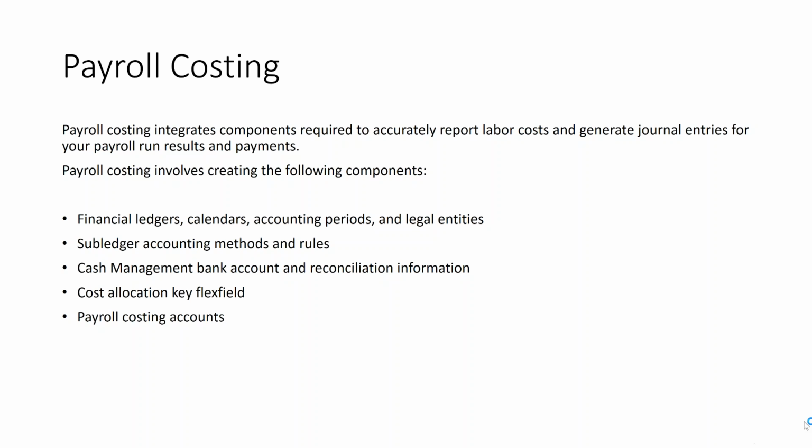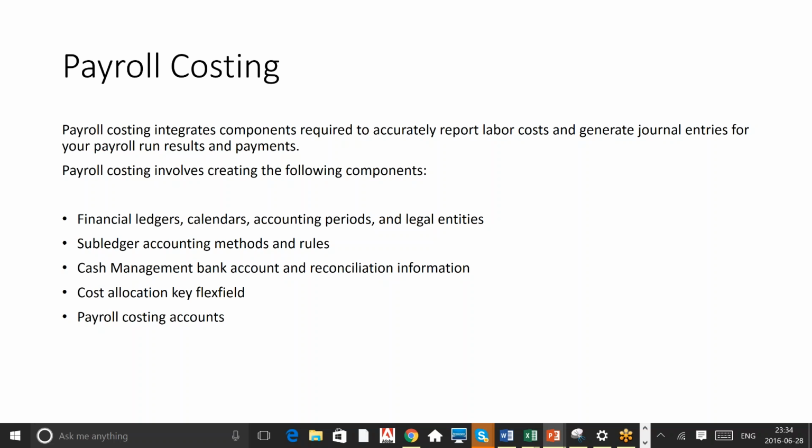For payroll, the cost allocation key flex field is just like a no-brainer. We create this flex field at payroll end, but what we need to create actually comes from the finance. So the finance needs to decide what should be the structure of the cost allocation key flex field and should inform that to the payroll so that we can create exactly the same structure in payroll.